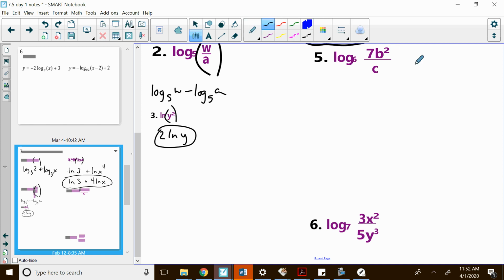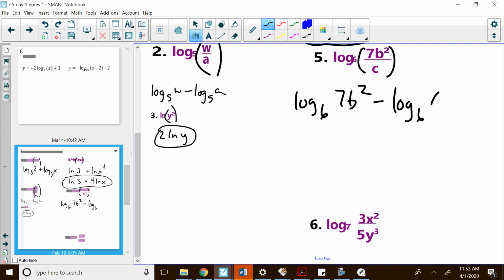We have a product, we have a fraction, so we know we're going to have a quotient. The first thing, my recommendation is if we have a fraction here, separate that fraction out. Expand it using our quotient property, and here's how we're going to do that. This would be equal to the log base 6 of 7b squared minus the log base 6 of c.